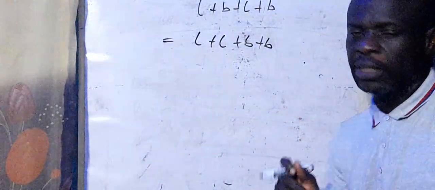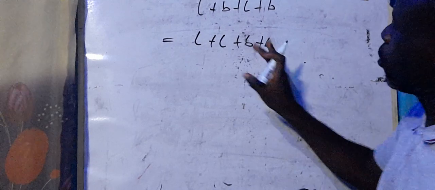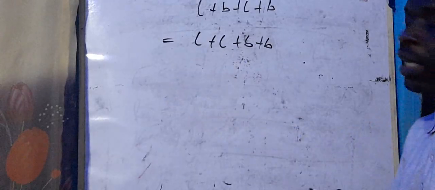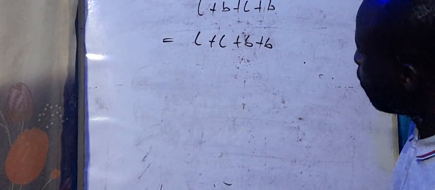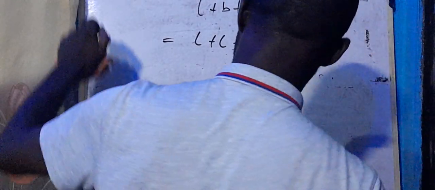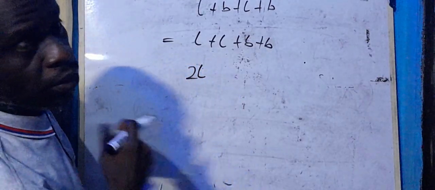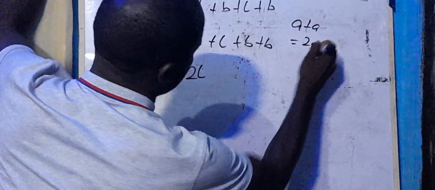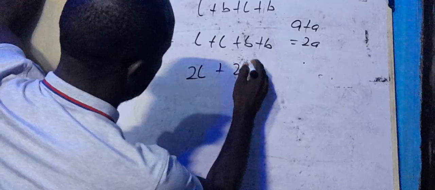Collecting like terms means all the variables represented by the same letters, we put them on one side. L plus L will give us 2L, and B plus B will give us 2B. So we have 2 lengths plus 2 breadths.